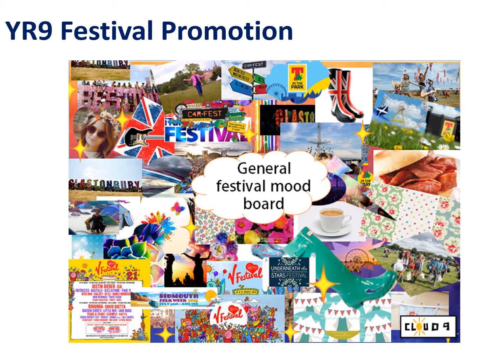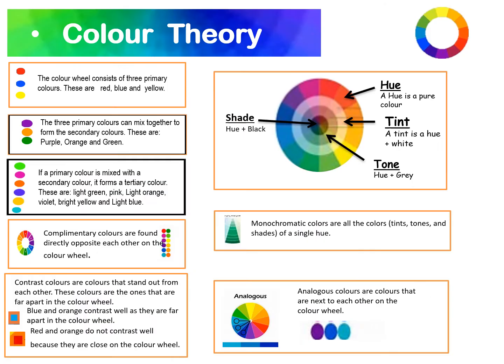The following slides show some examples of some of the brilliant student work that's been completed over the last couple of years. This one was the start of a Year 9 project that we do all about festival promotion. This isn't one of the assessed units, this is part of what we do in Year 9, really getting to understand what we're going to do when we get to Year 10 and Year 11.